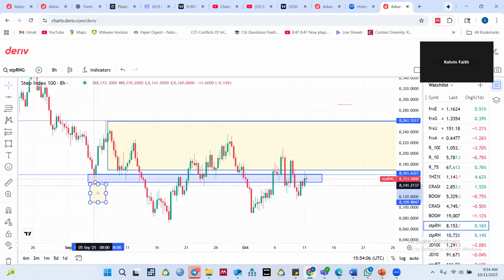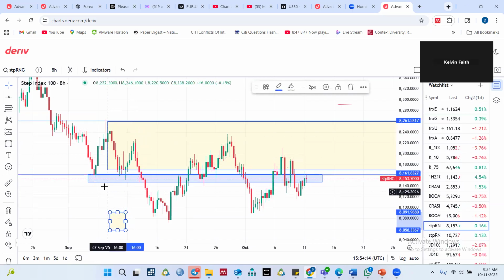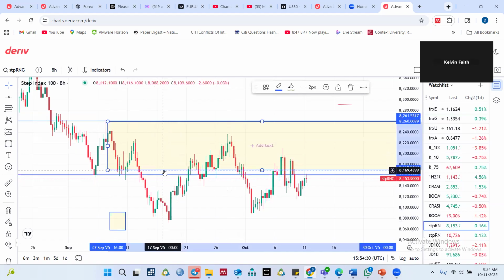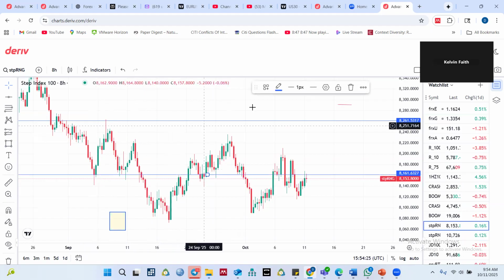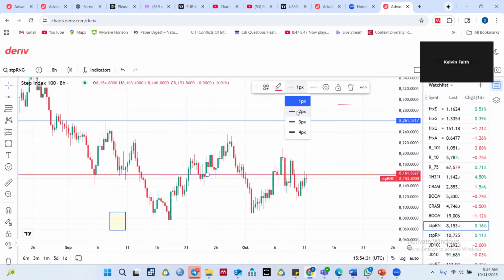Price hit, rejected, closed above, took off from here and bought, hit, and then off above it, buys. So let me take this out. Let me even take the premium zone out for now, and let me color the blue line red and make it big.